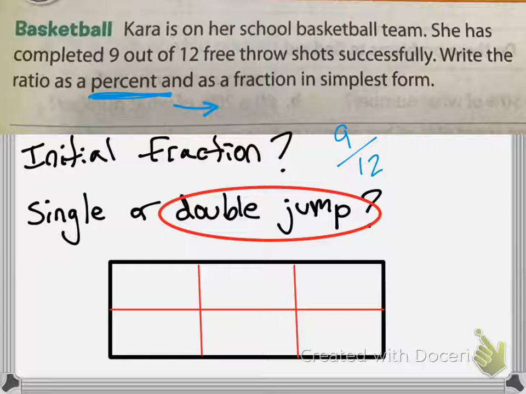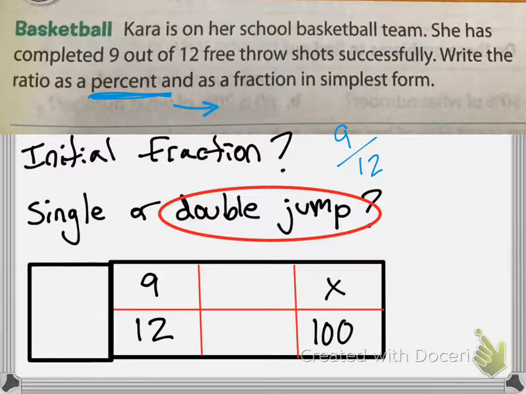So I know I want to get my percent over my 100. And my fraction is 9 over 12. I don't know what my percent is. It's asking me to find the percent, so I'm going to put it as an x. It's also asking me one more question that I'll get into in a second.